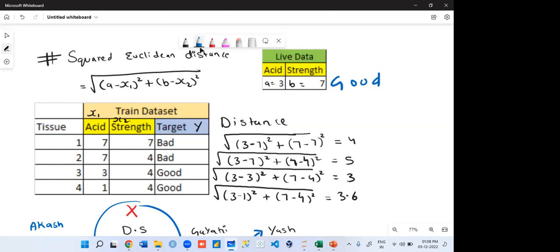You have to do distance for every row manually because this distance formula we are using in 3 new algorithms. So if it's clear on the small data, it will be better for us.